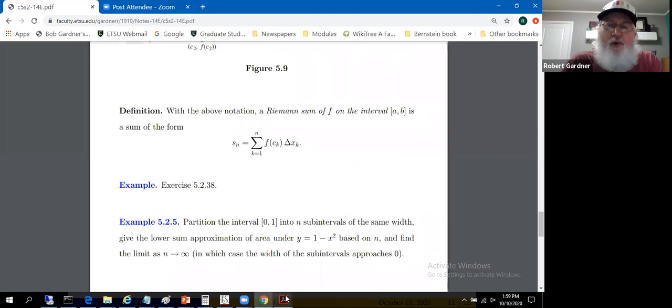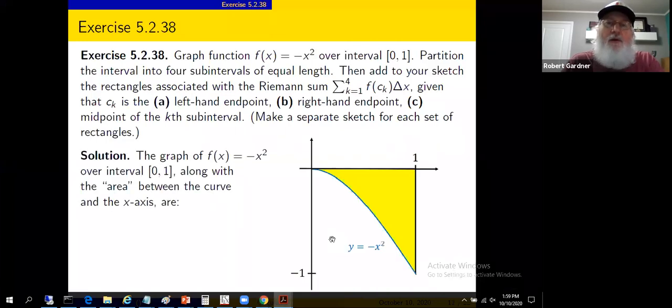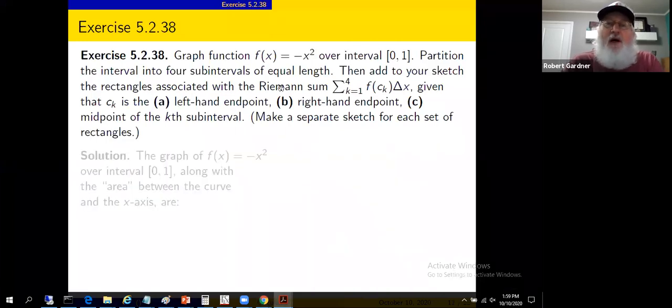Let's look at 5.2.38, which says, graph the function. This is just a matter of drawing pictures, is all I've asked in this one. We'll do plenty of the arithmetic here shortly. Graph the function f of x equals negative x squared over the interval 0 to 1. Okay, that function's non-positive, so it depends how much I want to talk about area.